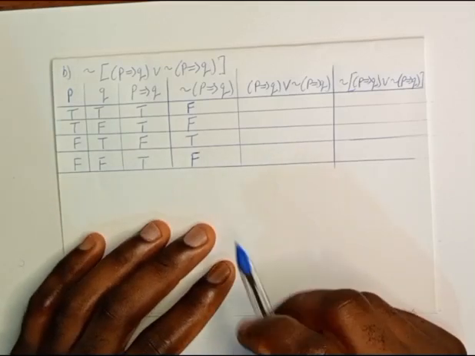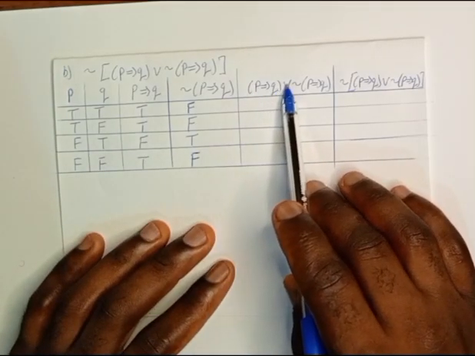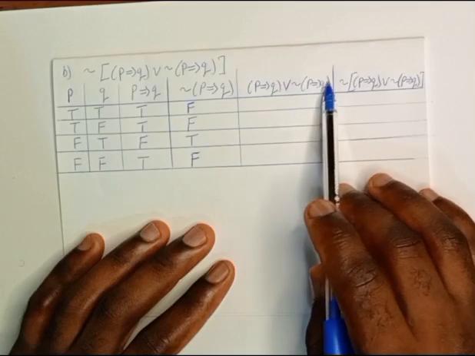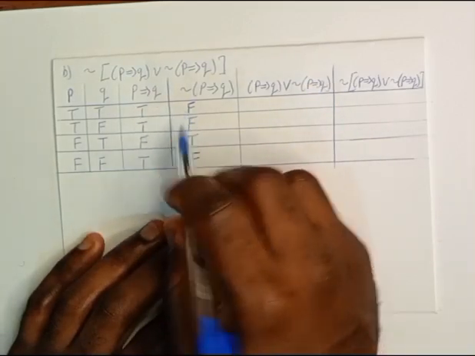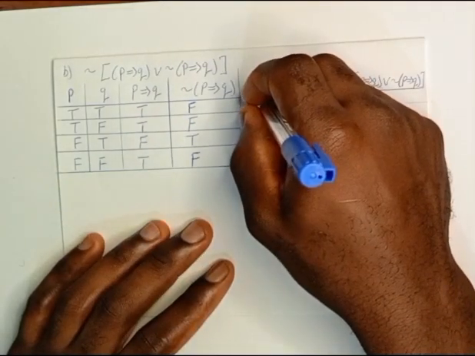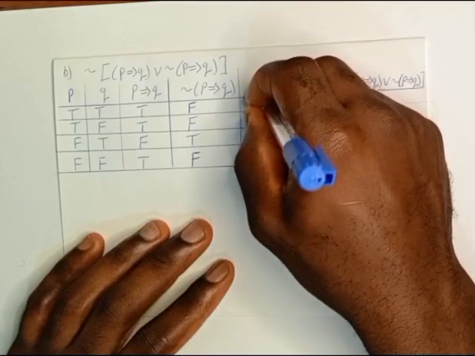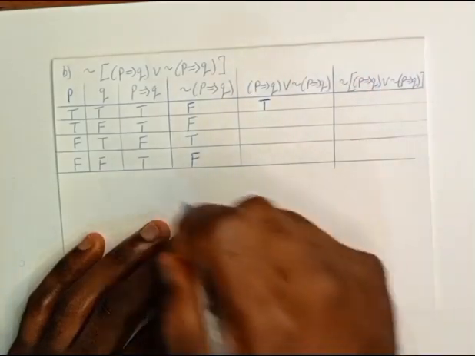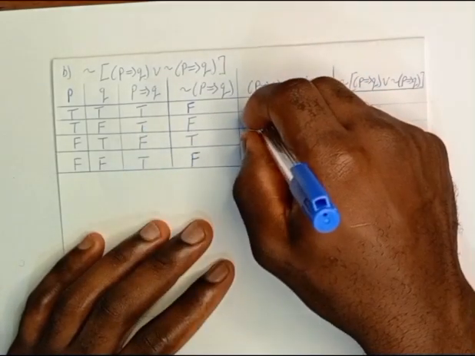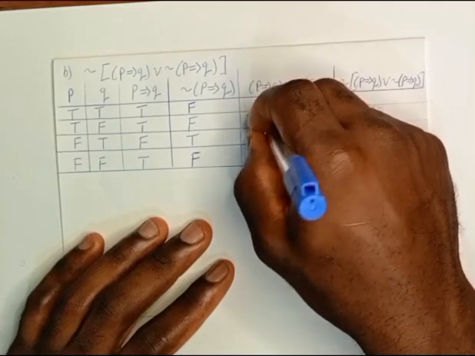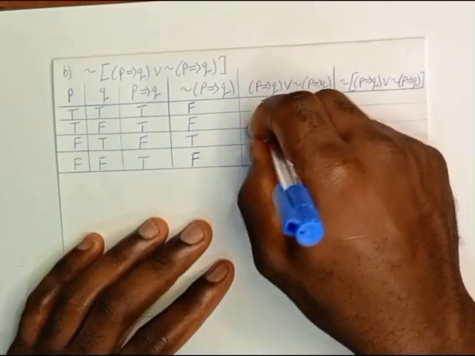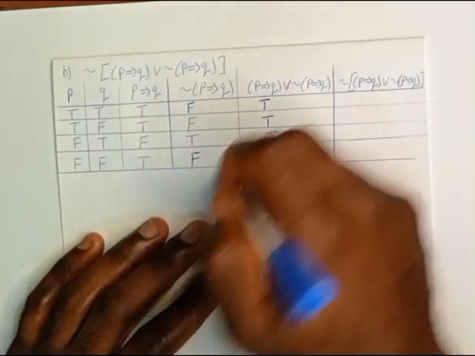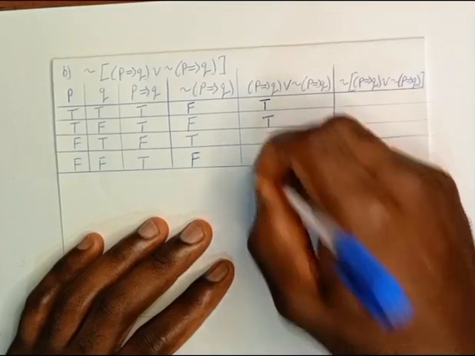Next, we are going to take P implying Q or the negation of P implying Q. True or false gives us true, since it is all. True or false is true. False or true gives true. True or false gives true.